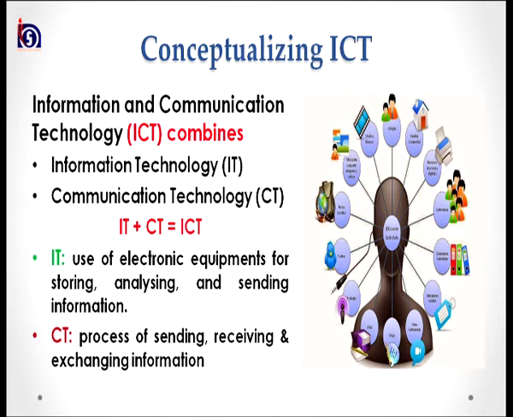However, communication technology can be defined as the process of sending, receiving and exchanging information. IT and CT, when combined with each other, we have ICT. It means in ICT, we can use electronic equipment for storing, analyzing and sending information as well as receiving information.